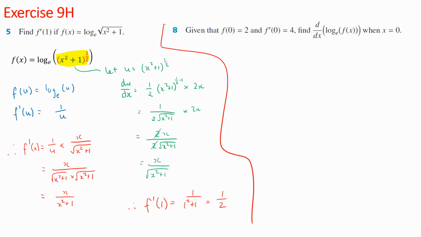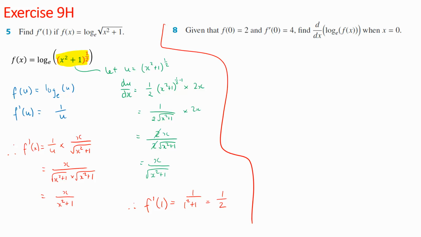And flip this, that's negative half, so it goes down here, square root of x squared plus 1, times 2x, the 2's cancel out. That's the derivative du/dx. Let's find the derivative inside. This is now log e of u, so the derivative of log e of u is 1/u. So the chain rule says take 1/u times du/dx. That's what I got here.